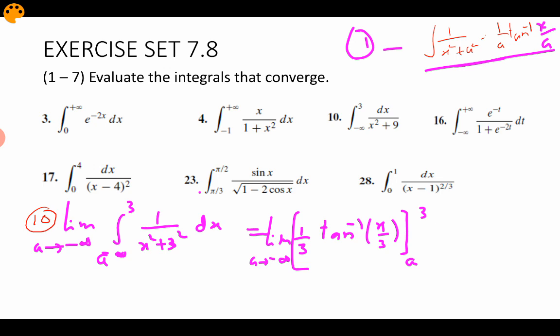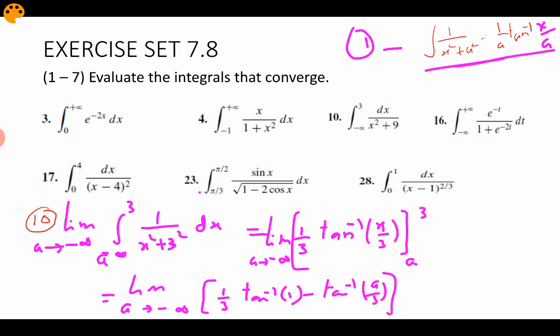So what happens here? Limit a approaches negative infinity, 1 over 3 tan inverse 3 over 3 is 1, tan inverse 1 minus tan inverse a over 3. What is happening?